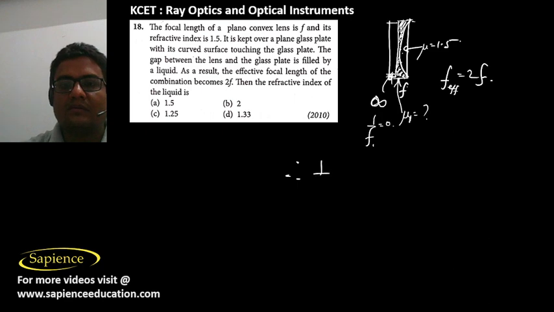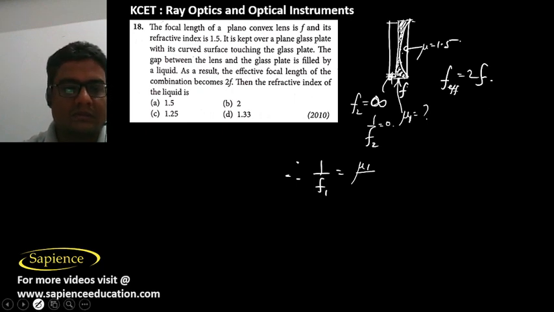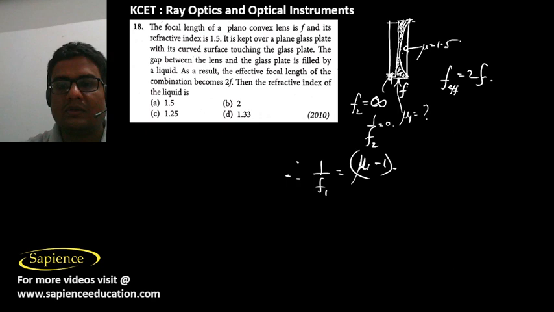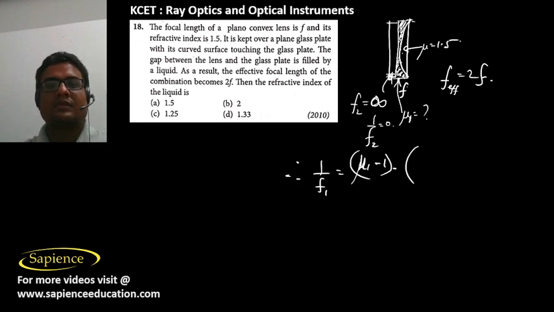Let's say the refractive index of the liquid is mu1, and f1 is its focal length, and f2 is the focal length for the glass slab, which is infinity. So 1 by f1 is mu1 minus 1 into 1 by r1 plus 1 by r2. So 1 by r1 is 1 by infinity, minus 1 by r2.